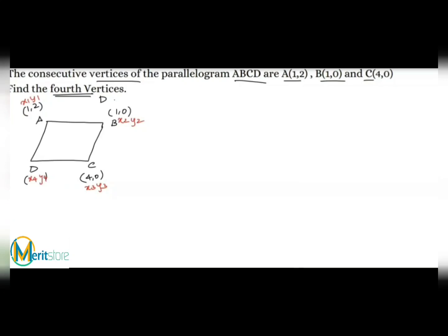The property of a parallelogram is that the diagonals bisect each other. That means the diagonals will meet at a point. Let's say this is P, and this P becomes the midpoint.